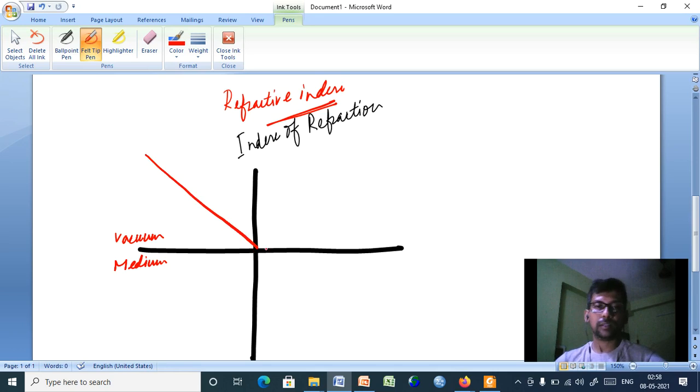Now this is the light. It comes from one medium and then passes into another medium. Initially, it forms an angle, and here also it forms an angle.